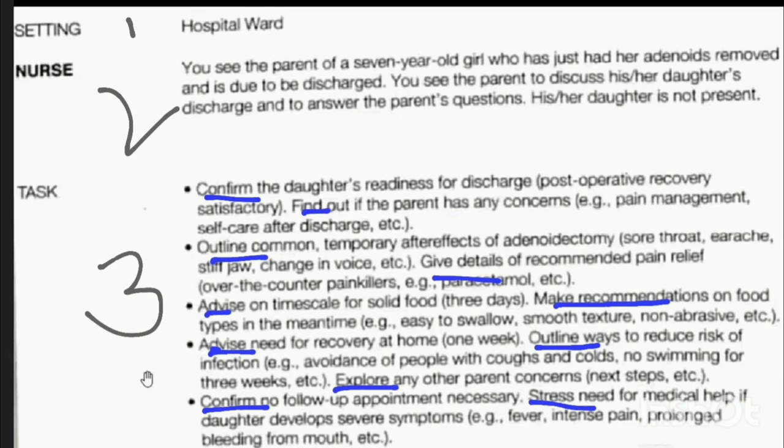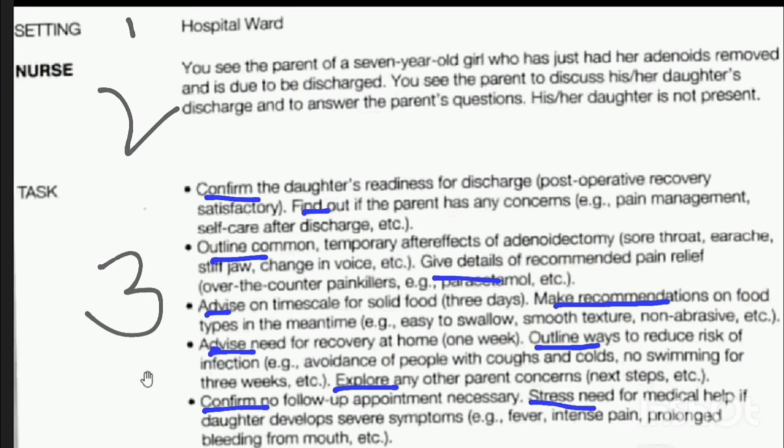I would like to let you know that there will be some after effects of adenoidectomy. For her, these are quite normal and self-limiting. Some of the common after effects are sore throat and change in voice, which Mary is currently experiencing. Also, earache and stiff jaw are usual.